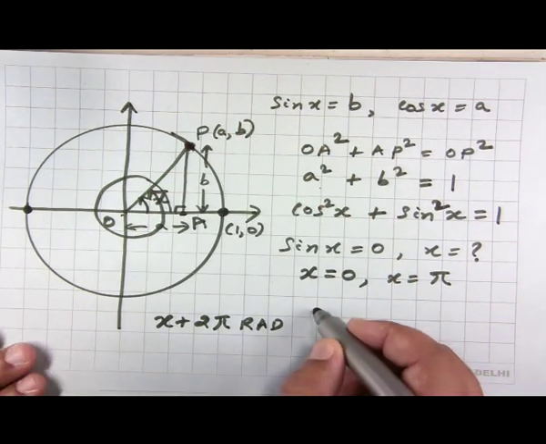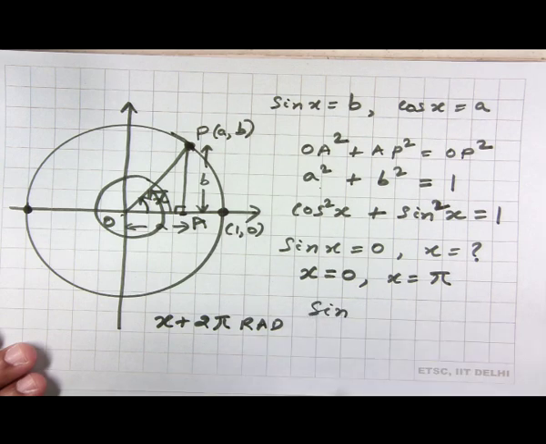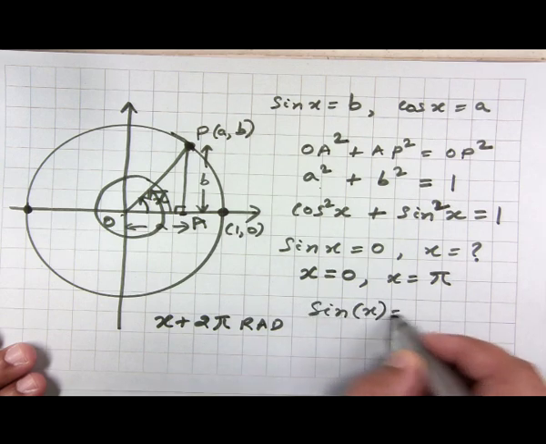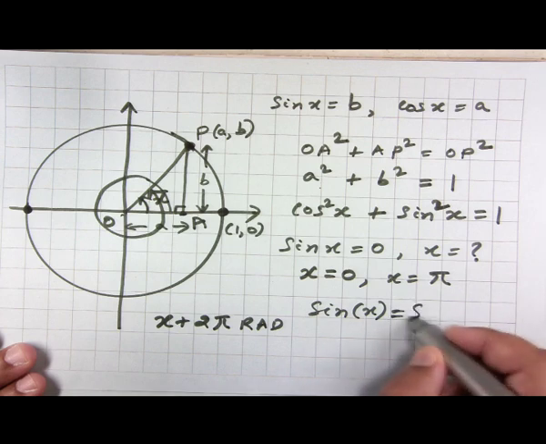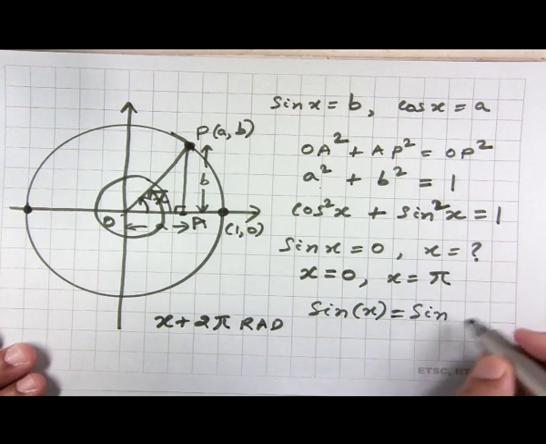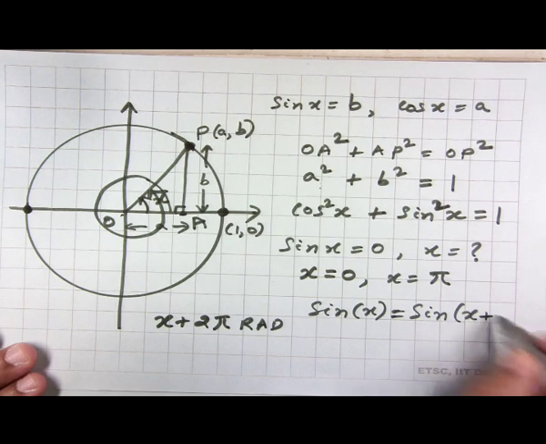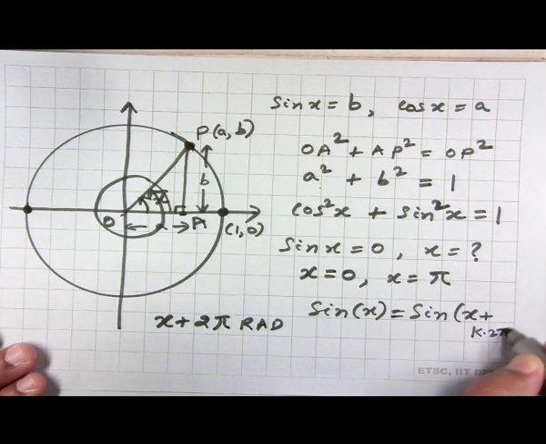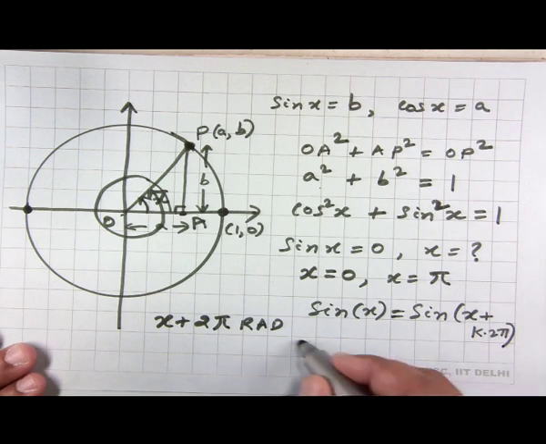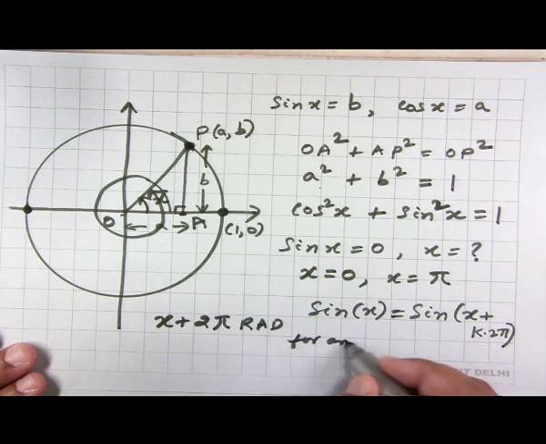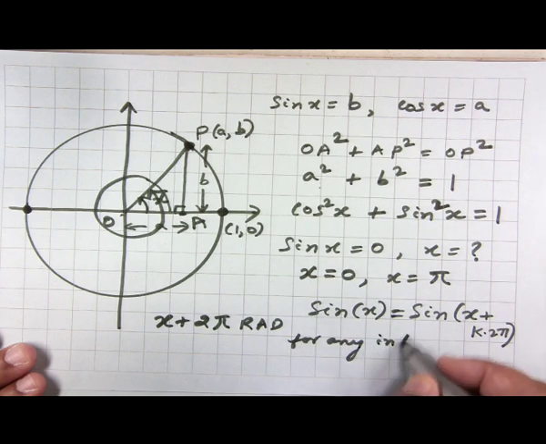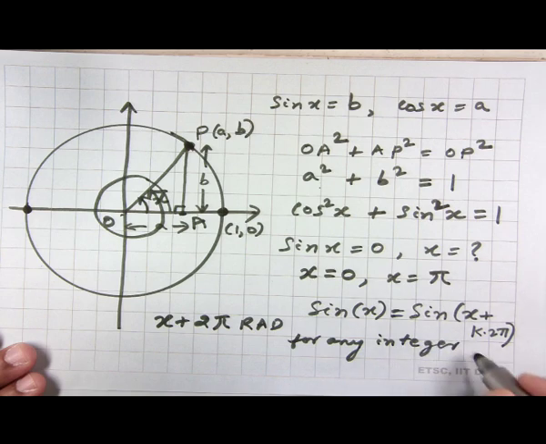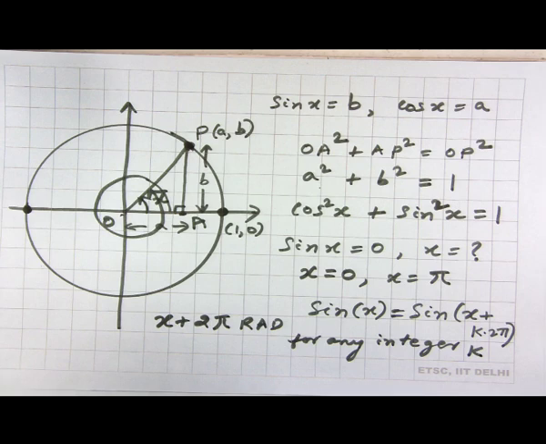So, we can write that in general sin of x is equal to sin of x plus k times 2 pi radians for any integer k, and the same thing is true for cosine also.